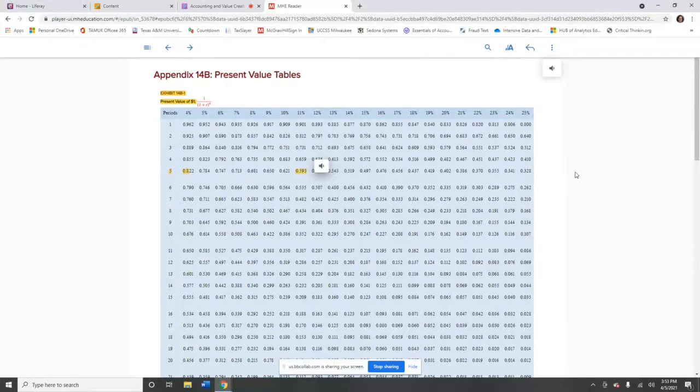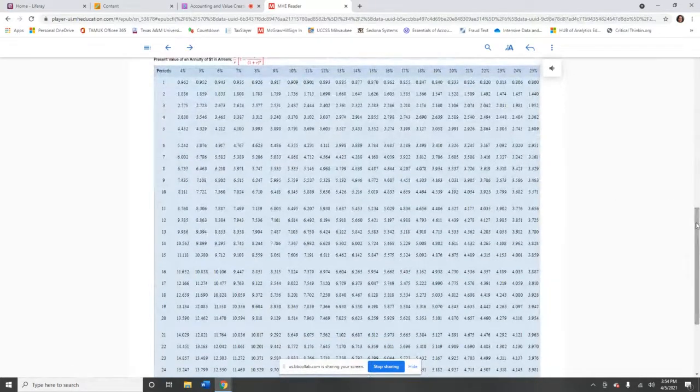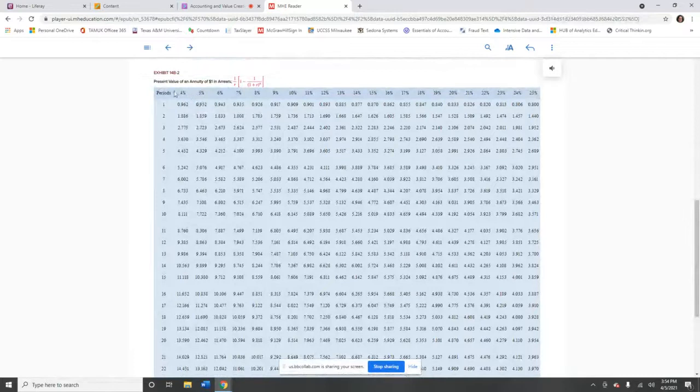And for the annuity, for the $80,000 that we got every year at the end of the year for 5 years, we did present value of an annuity. That annuity table is on 688, so I'm going to scroll down here. Here's the online equivalent of page 688 in the book, and as you can see, this is present value of an annuity, the same cash flows coming every year.